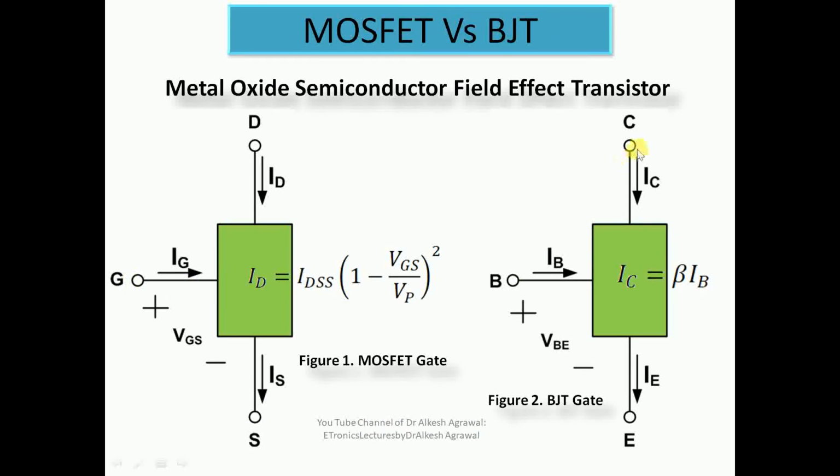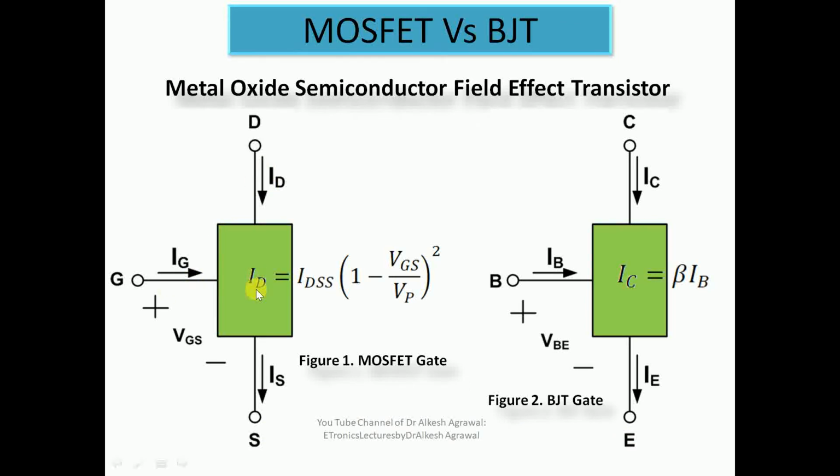Corresponding to these, the terminals present in a BJT are collector, base, and emitter. So analogous to collector we have drain, analogous to base we have gate, and analogous to emitter we have source.